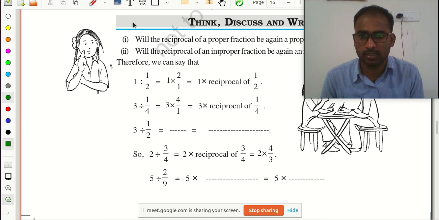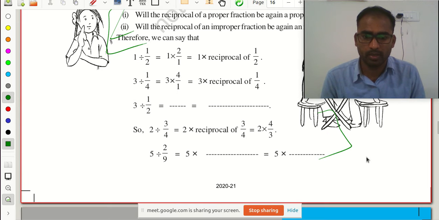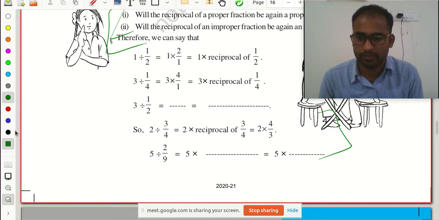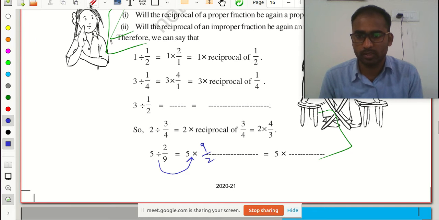This is very simple. You solve this one. Here, we can write 5 divided by 2 by 9 is equal to how much? In place of division we are having multiplication, so here the reciprocal is 9 by 2. We need to write it in the above form.